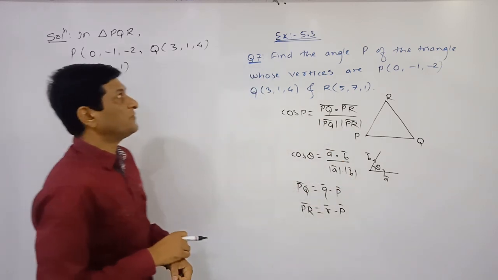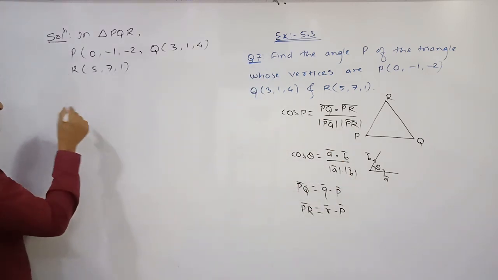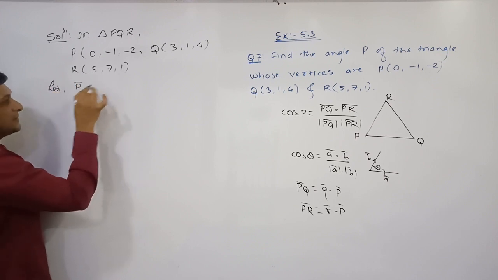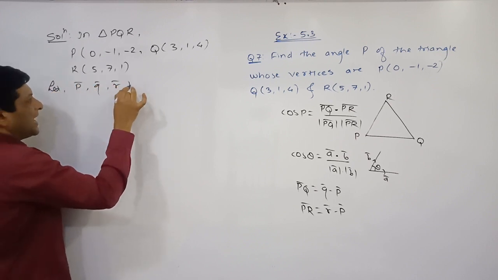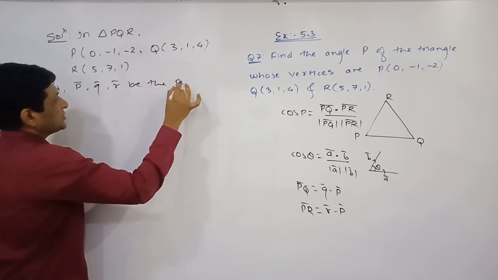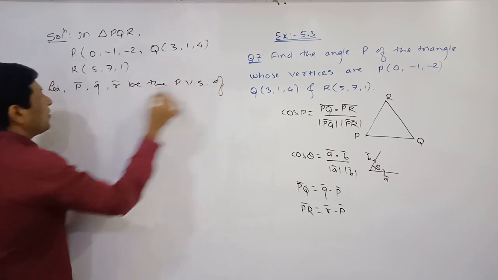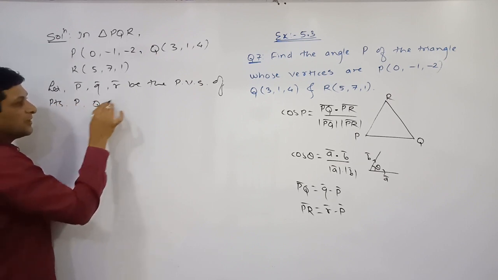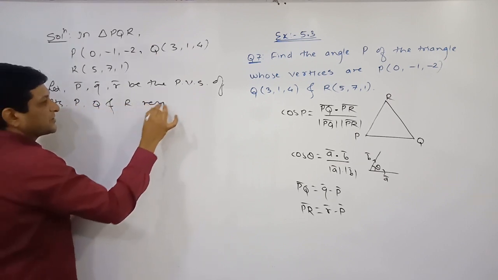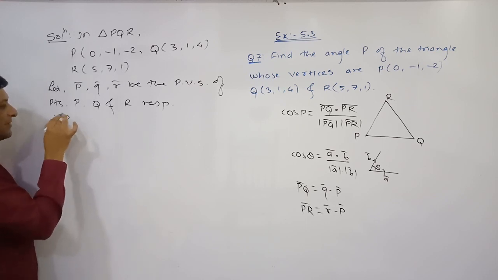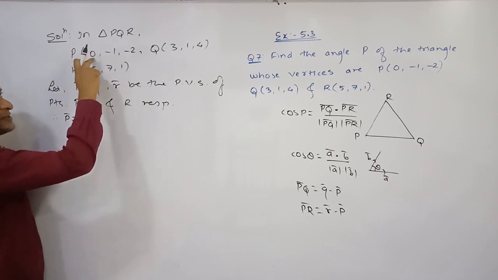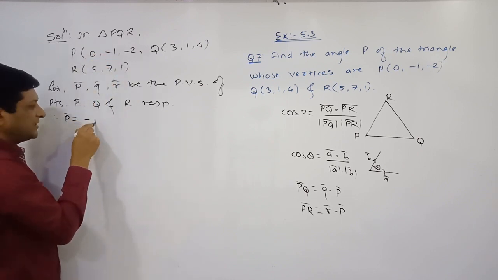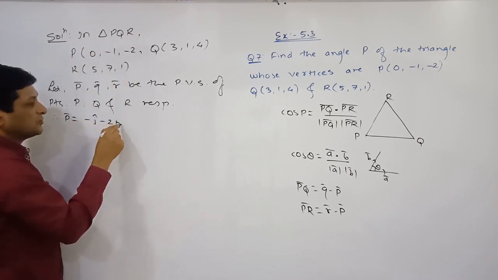So let us define the position vectors of these three vertices as P bar, Q bar, R bar. So let P bar, Q bar, R bar be the position vectors of points P, Q and R respectively. Therefore P bar will be equal to, what will be the value of P bar? 0 I cap, not necessary to write 0 I cap, then minus J cap minus 2K cap.